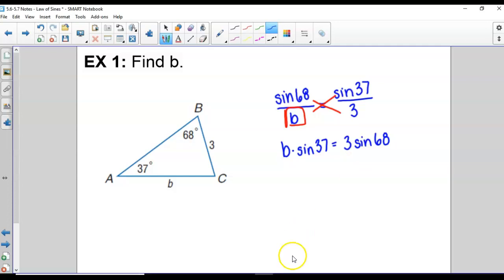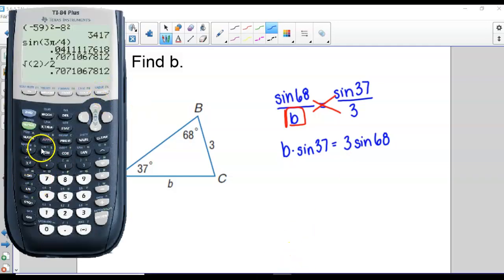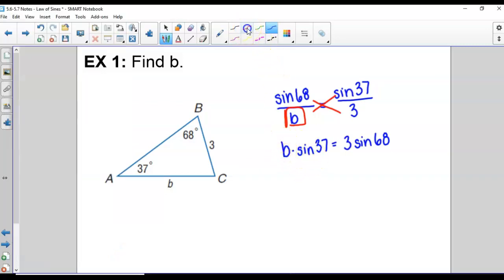I could go ahead and type sine of 37 in my calculator. It is just a number. 3 sine 68, that's just a number. But I prefer to wait till the end to type it in, just so I don't have to write down or remember any of those decimals. So if I'm trying to get this b by itself, then I need to get rid of that sine 37. It is multiplied, so I'm going to divide by sine of 37.